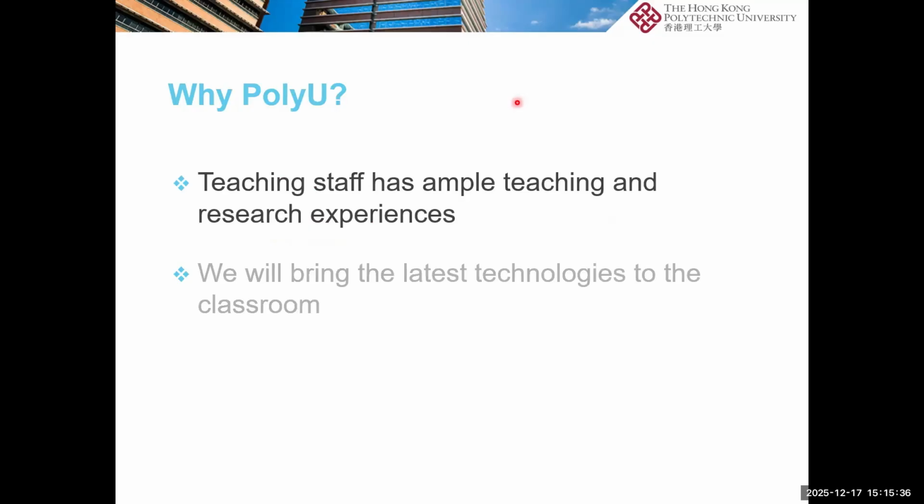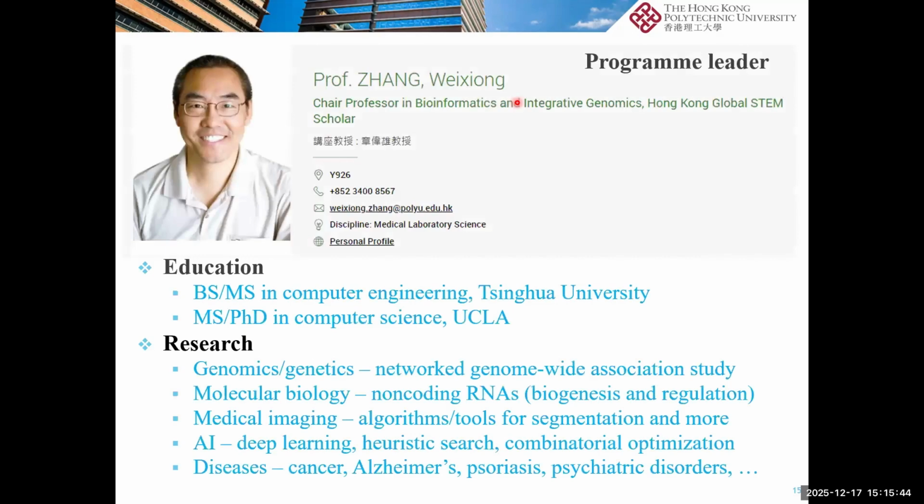The first point we think that you should choose PolyU is that the teaching staff has relevant teaching and research experience. For example, Professor Zhang, who is the program leader for the MSc program, is a Hong Kong Global STEM Scholar, selected by the Hong Kong government. He has more than 20 years of research experience in systems biology.